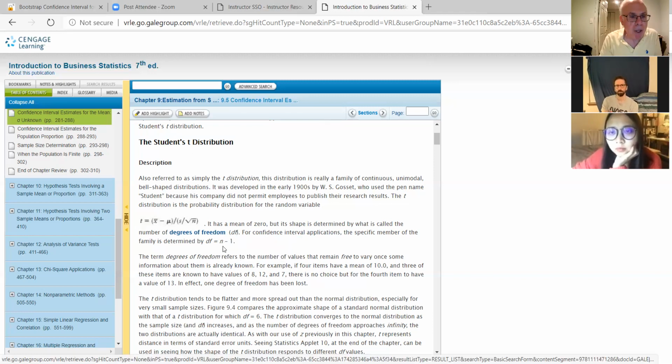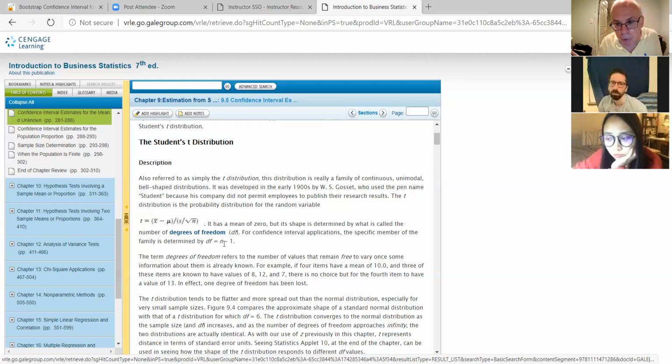Now, what does degrees of freedom mean? Let's say the sample size is 50. We have 50 people, and we're averaging 50 values to get the sample mean. If we know the sample mean, how many values do we need from the 50 to know what the 50th value is?